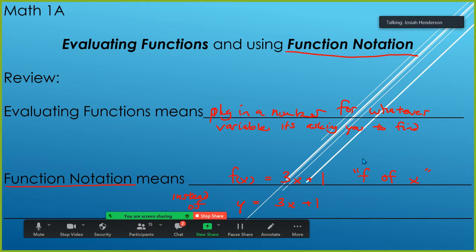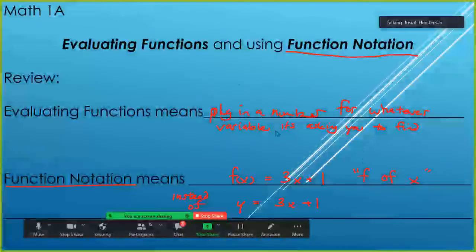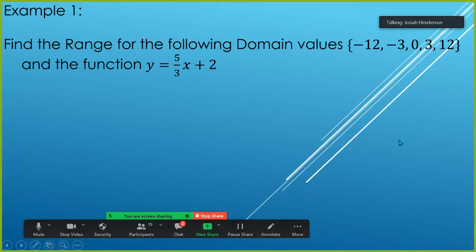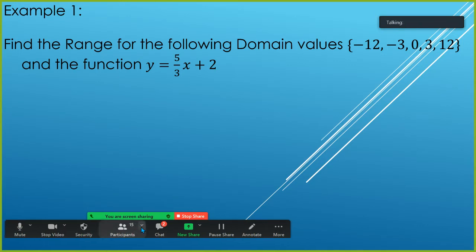Okay, so that's just a quick review on evaluating functions and then function notation. Let's do some practice evaluating. We left off with this example yesterday, and we ran out of time, so we didn't get to do too much of it. This says, find the range for the following domain values, and then it gives us a list here of domain values.